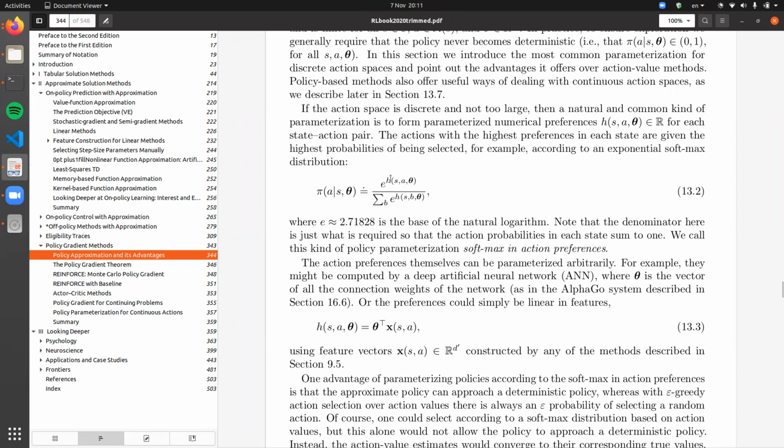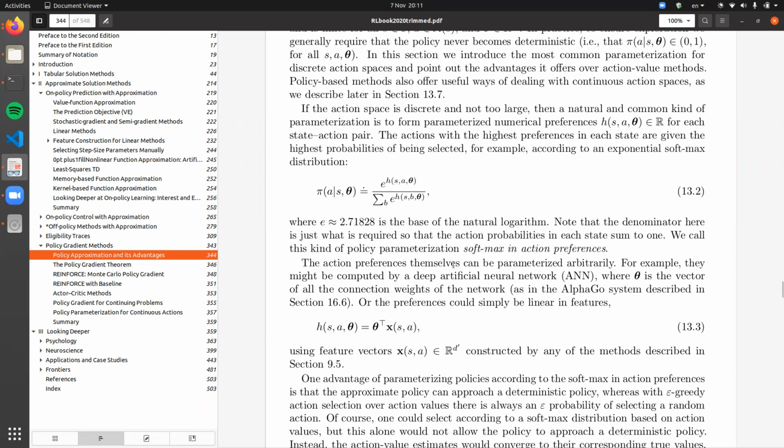Also, this exponentiation plays well with a logarithm, and that is useful, as we shall see later. We can also use a temperature in the softmax, so we can add a hyperparameter, the so-called temperature, if we want to smoothen out this distribution a bit.